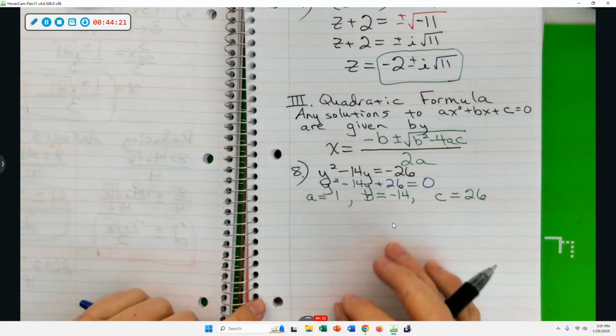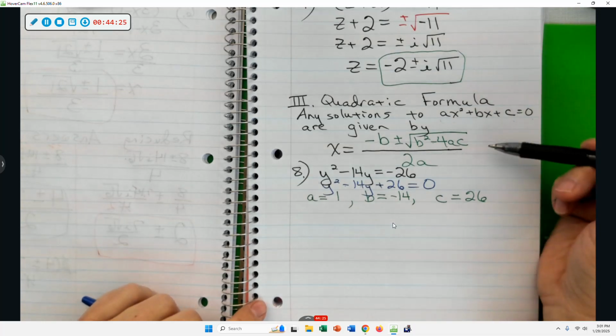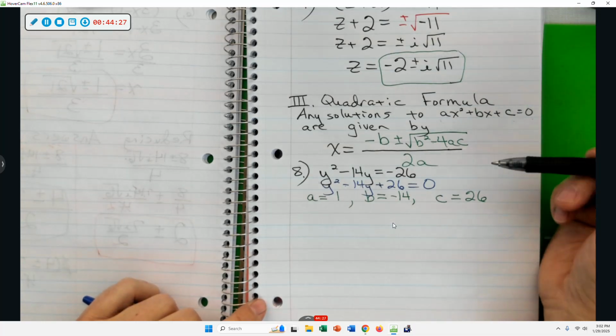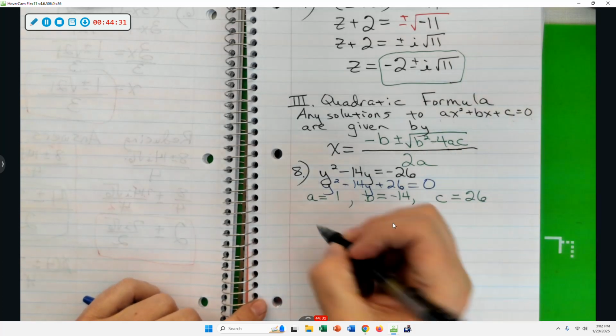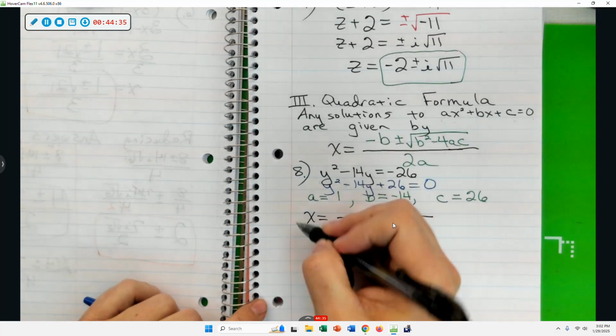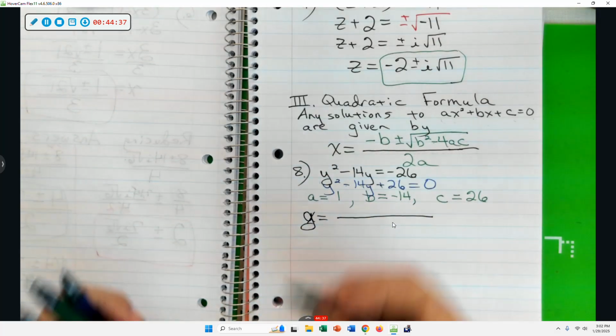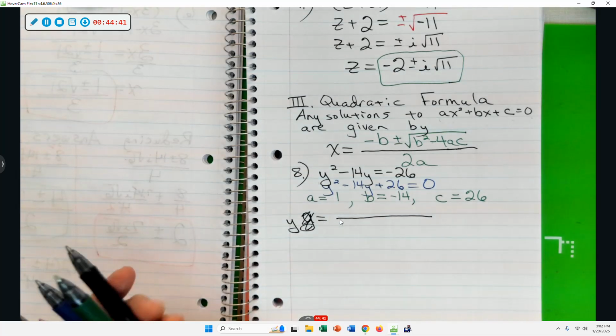And I'm running out of room. Normally I'd recopy the quadratic formula, but it's sitting right there above the problem. So I think for this one time, I won't bother recopying it. So we have y equals, I'm drawing my big fraction. You don't have to say anything equals. You could have just written the fraction bar.